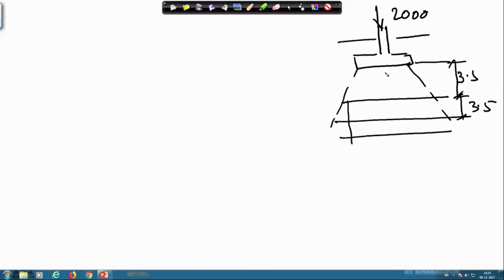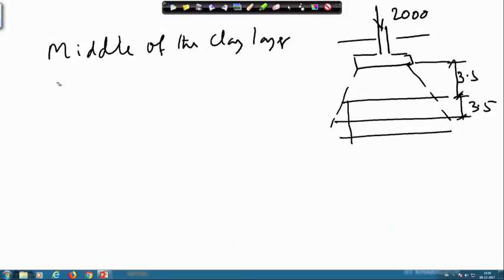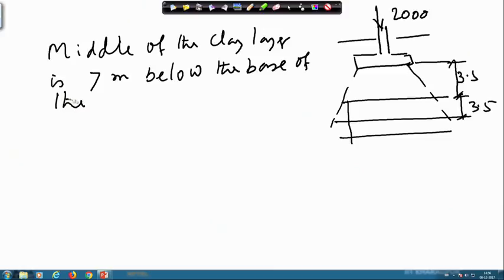So, that means the middle of the clay layer is 7 meter below the base of the footing.